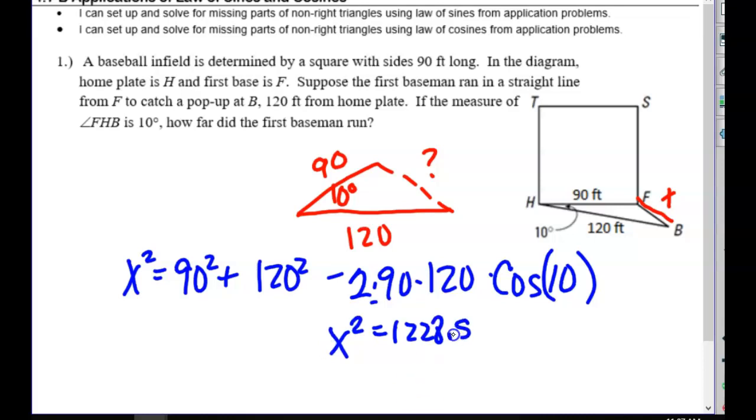Anybody get that? 1228. And we got a square root. So I got about 35 feet. Anybody having trouble getting that?